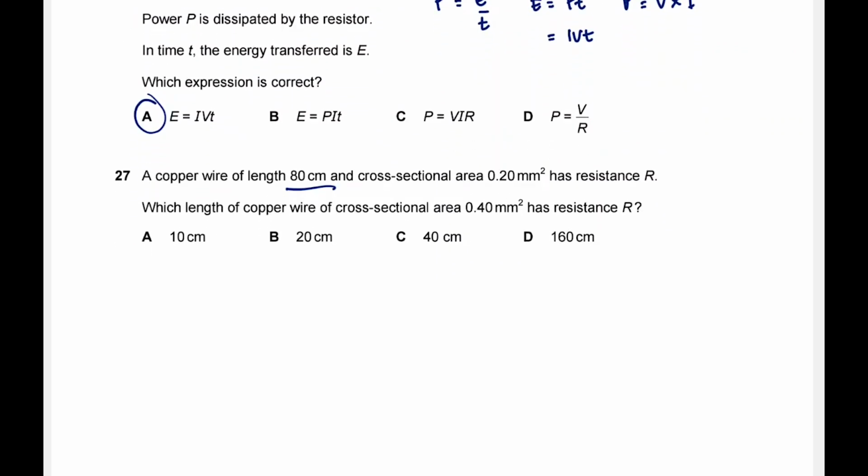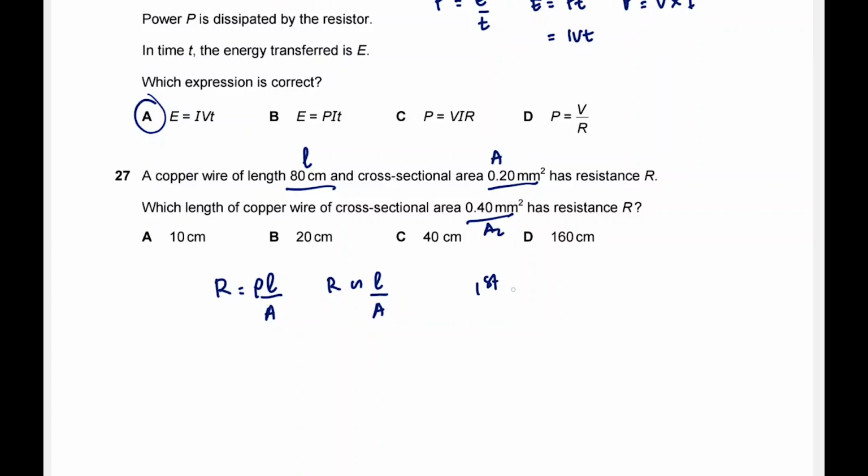27. A copper wire of length 80 centimeter and cross-sectional area of 0.2 millimeter square has resistance R. Which length of copper wire of cross-sectional area 0.4 has resistance R? R is equal to resistivity times length over area. But since both of them are copper wire, we can ignore the resistivity. So the resistance is proportional to the length divided by the area.